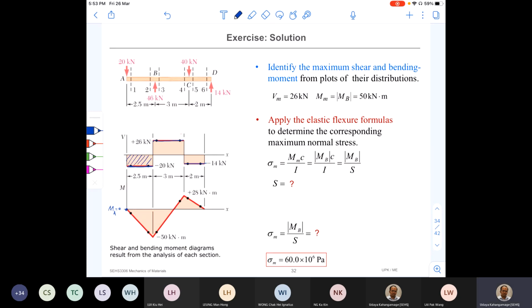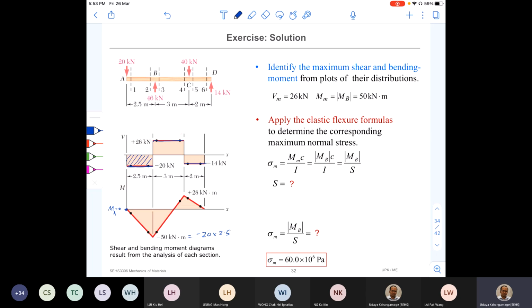MB minus MA is equal to that area. MA is 0, therefore MB is equal to the area directly. So that area I calculated as minus 50. How did it come about? This is negative 20 into the distance, which is 2.5. Right? I got that value.